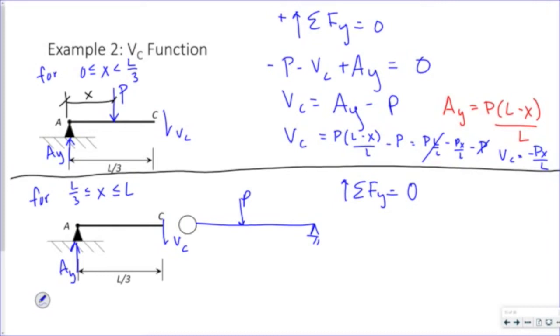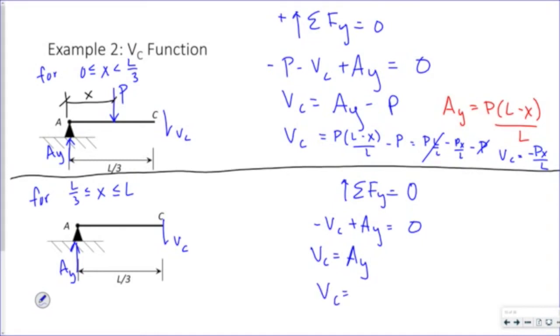If I only look right at this little segment right here, I have shear acting downwards and AY acting upwards. So my shear is equal to my reaction, P times L minus X over L.